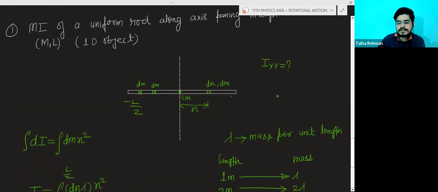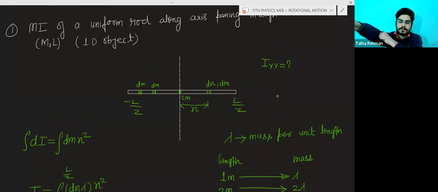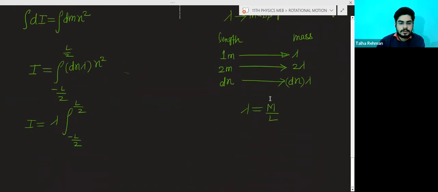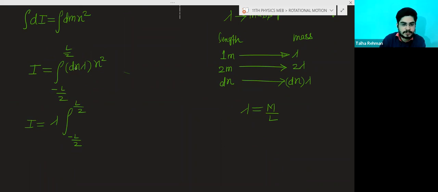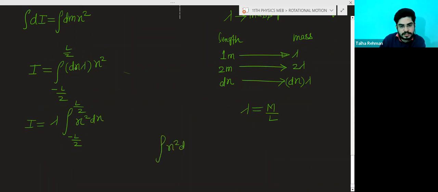Limit means the extreme condition. So lambda we have taken outside of the integration because it is constant. So we will have x square into dx. Now can you tell me what will be the integration of x square into dx?